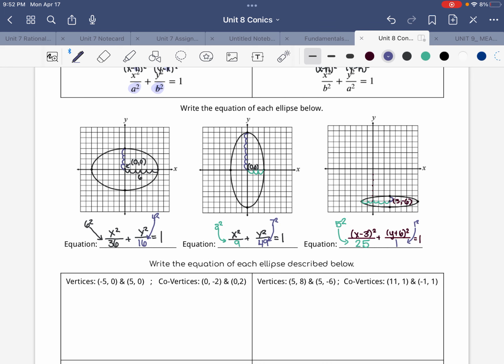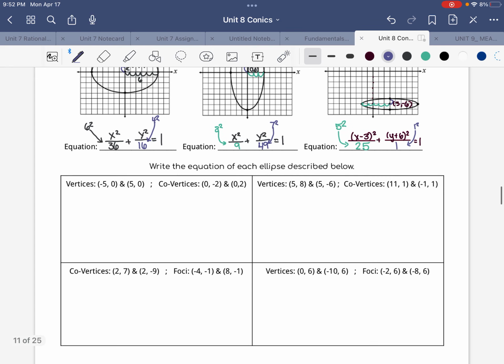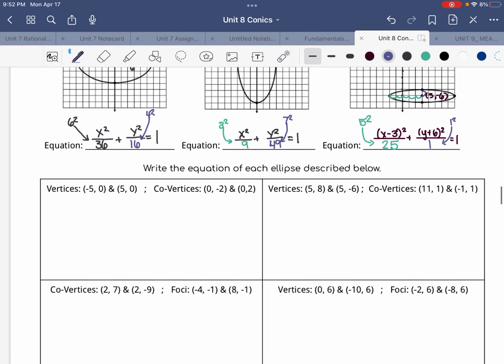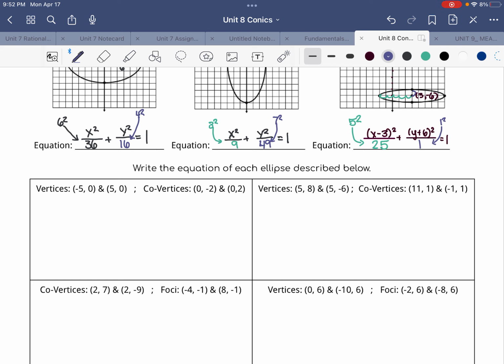Now let's talk about how to do it without a graph, which is always going to be a little trickier. So with the first two on the top, you'll see that you're given the vertices and the co-vertices. The first thing you should always do, no matter what type of conic section it is, circle, ellipse, or eventually we'll learn about hyperbola and parabola, is find the midpoint.